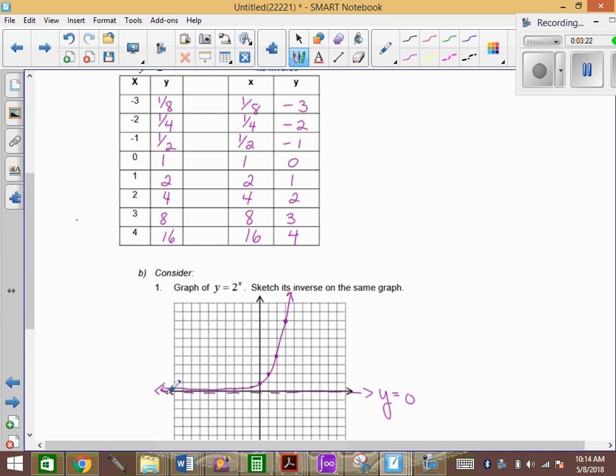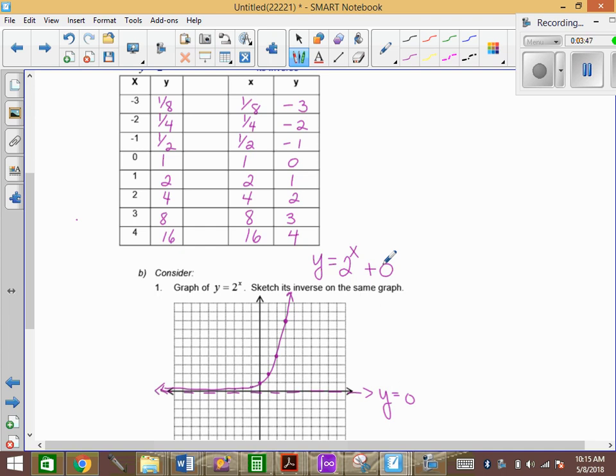So what's our vertical translation on this? y equals 2 to the x plus 0. So it's at 0, right? So the only thing that can move our asymptote is the vertical translation. And our range is always greater than 0, or the asymptote, unless we have a reflection in the x-axis, which causes it to go down. It would be less than that asymptote, right?